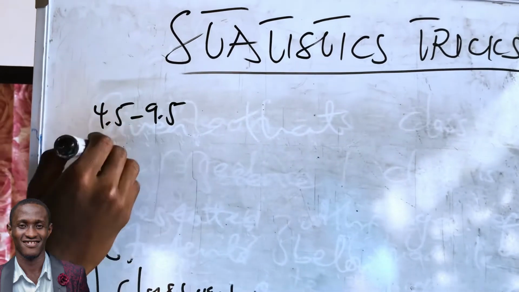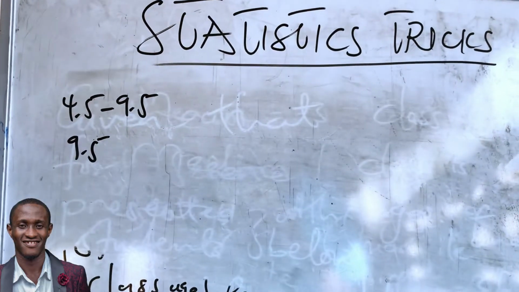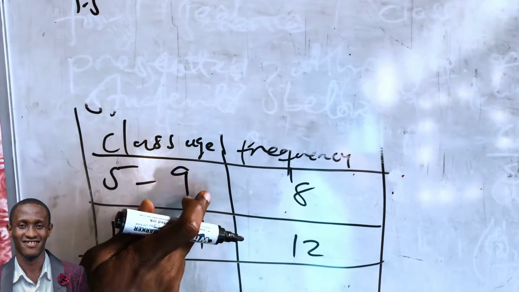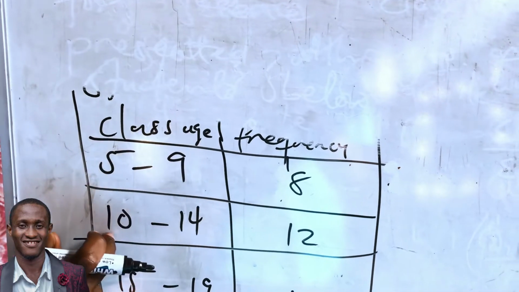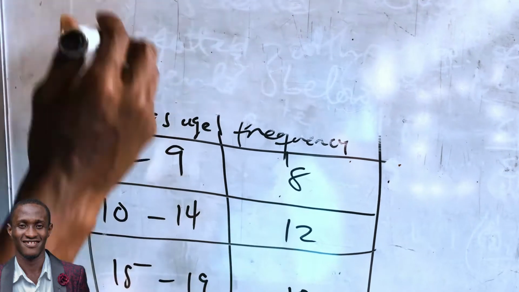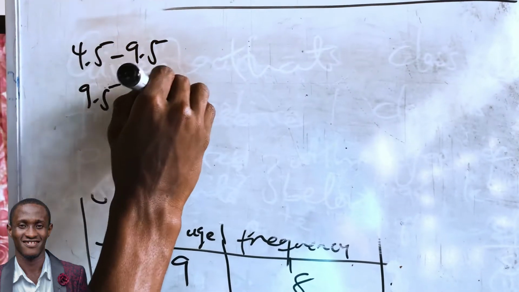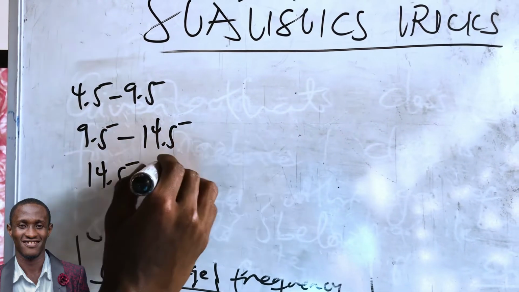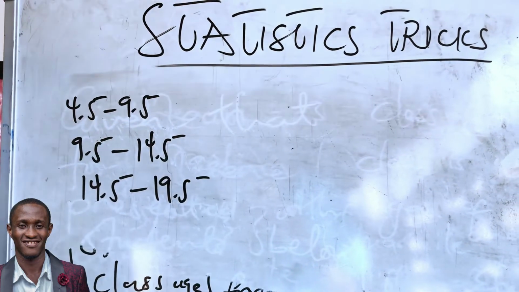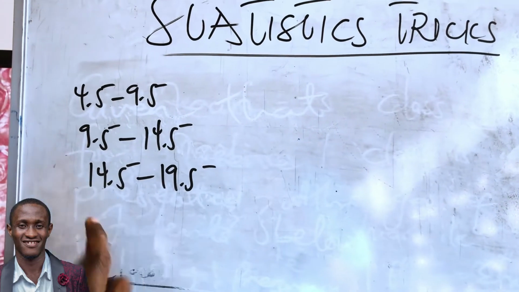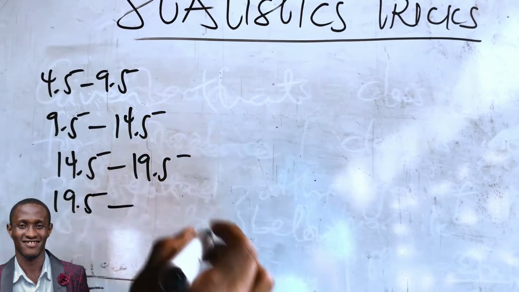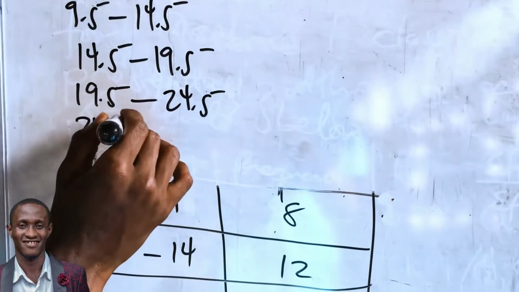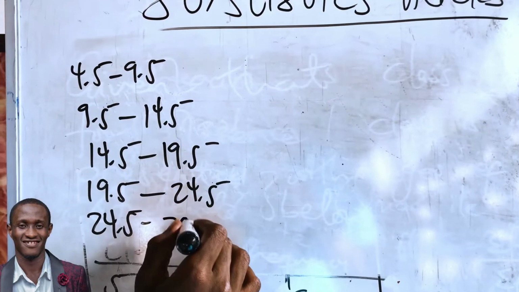Then 9.5 to 14.5, the ending here becomes the beginning here, then 14.5 to 19.5, 19.5 to 24.5, then 24.5 to 29.5.